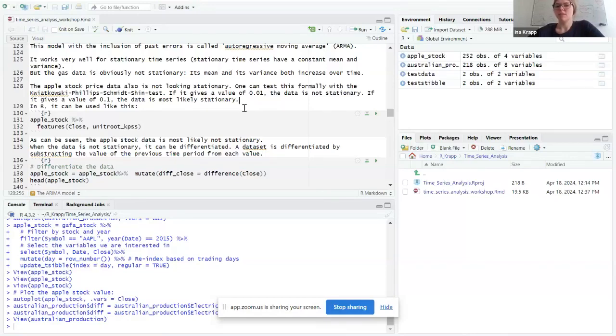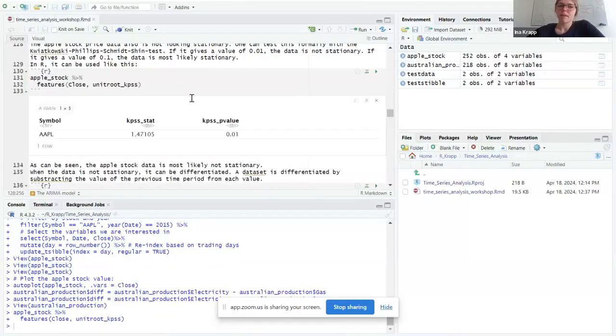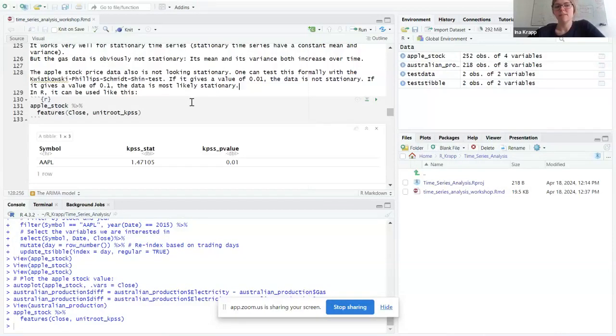Then we know that the data is not stationary. If it gives a value of 0.1, the data is most likely stationary. And we see here that for the Apple stock data, we indeed have a time series that is not stationary.